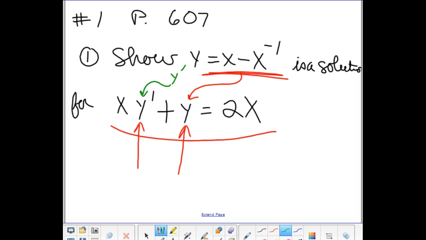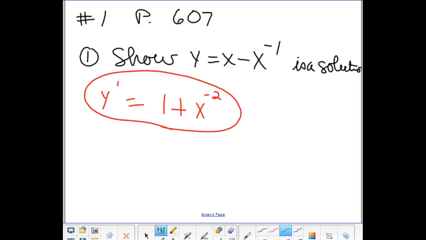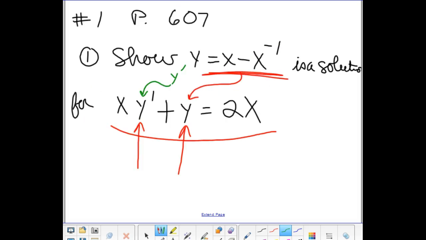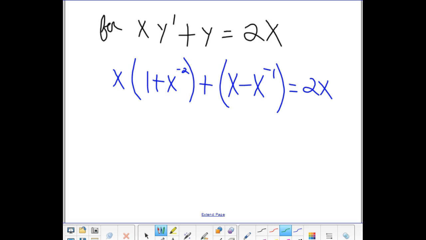Well, step 1, what's the derivative of that thing? Because this, of course, is multiply down, subtract 1, that's where the negative 2 comes from. And so now simply plug those in. Here's y prime. Back up a slide, here's y. Just plug them in for y and y prime and see if it works.